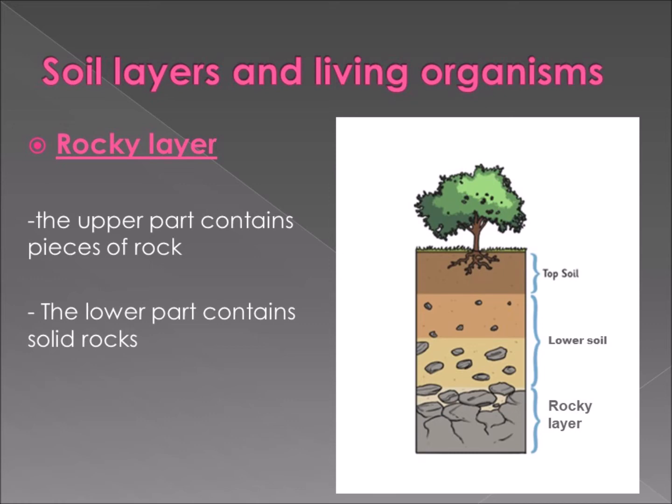Its upper part contains pieces of rock and its lower part contains soil and big rocks. Now we know the three layers of the soil: upper or top layer, lower layer, and rocky layer.